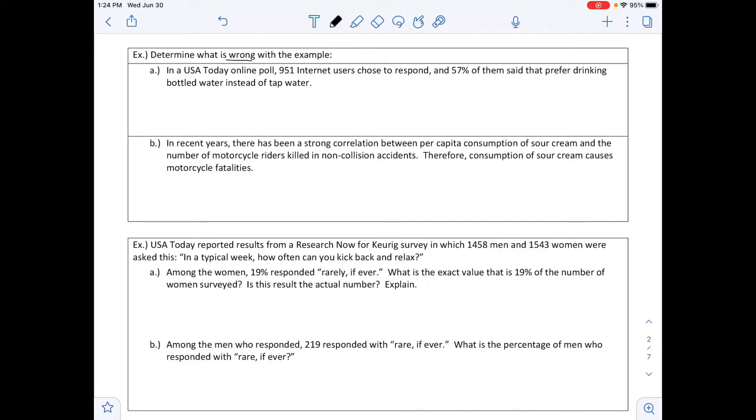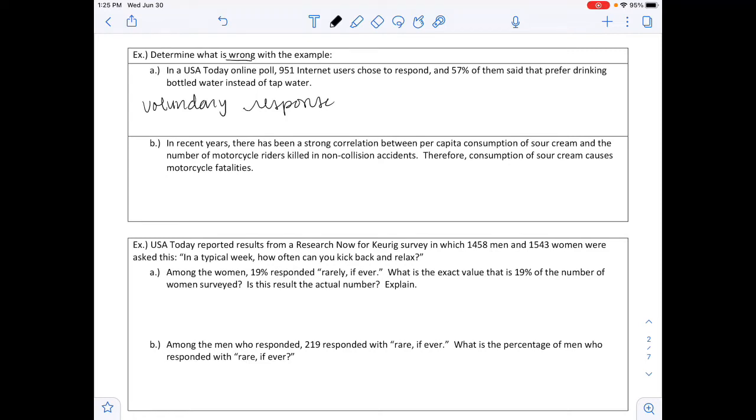The problem is that people are given an option to respond, and that is called voluntary response. The problem with voluntary response is that it does not accurately represent the population. Since we're not collecting data from everybody in our sample, we're only collecting from those that are choosing to respond. It's not a good sample for this study.